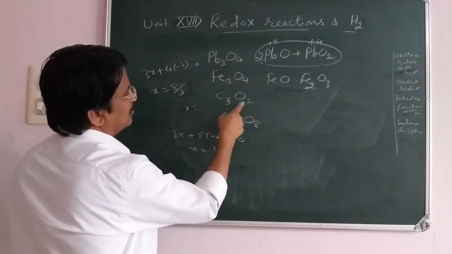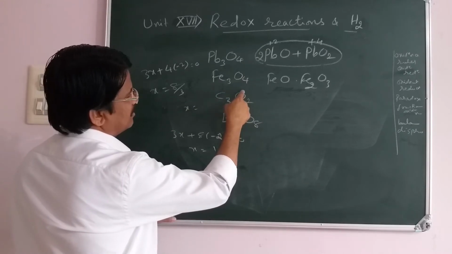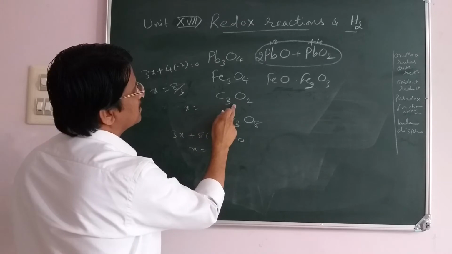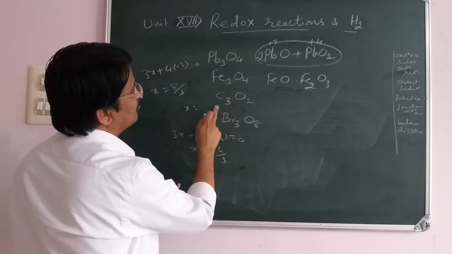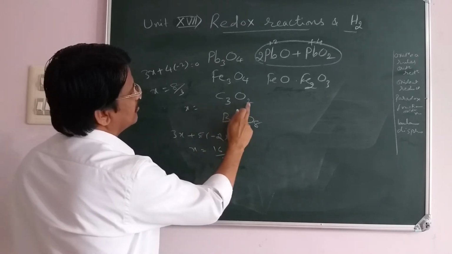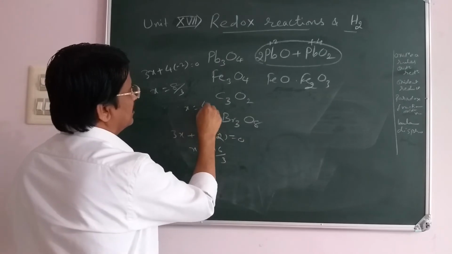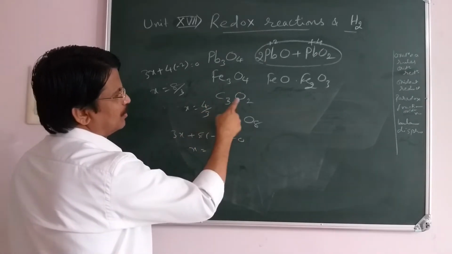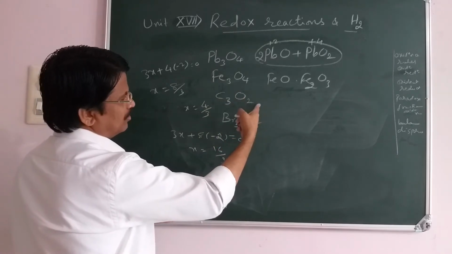Similarly, for C3O2, 3x plus 2 into minus 2 equals 0, so x equals 4 by 3.